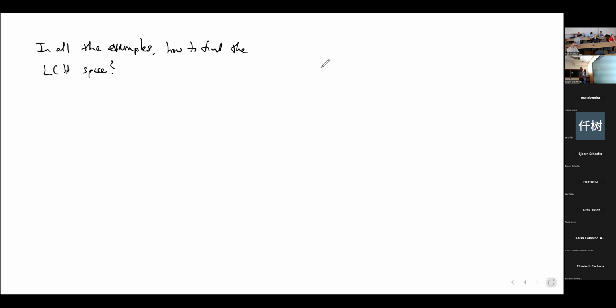So I think the best intuition for this comes from the directed graph case. So let's take a look at that again. Last time we used this notation E star for the finite directed paths.